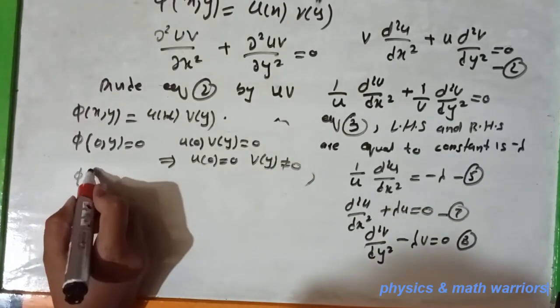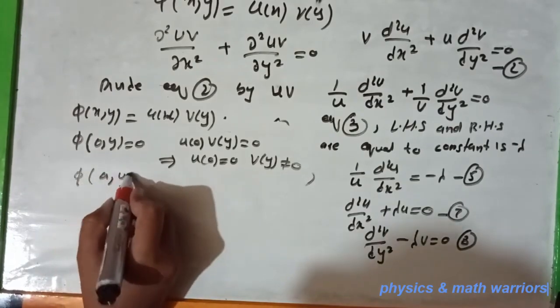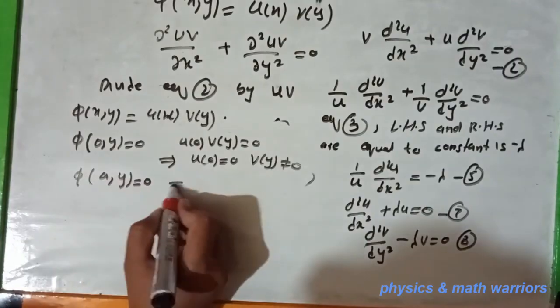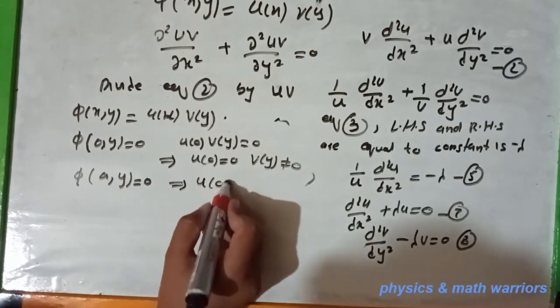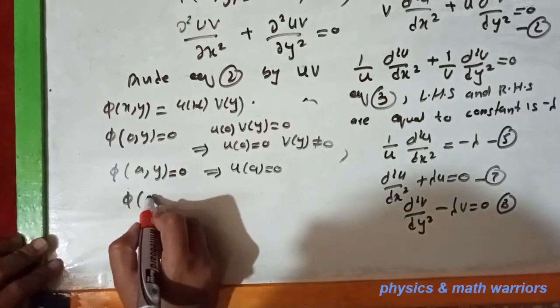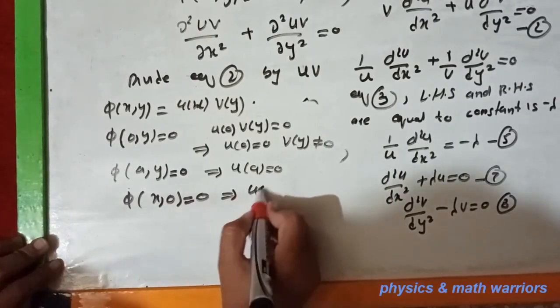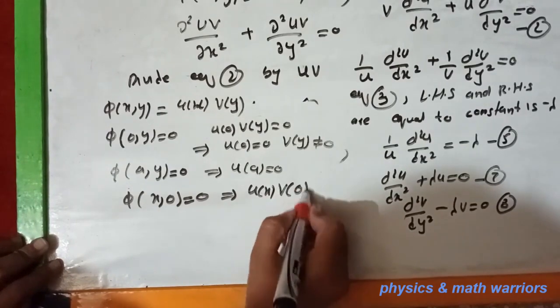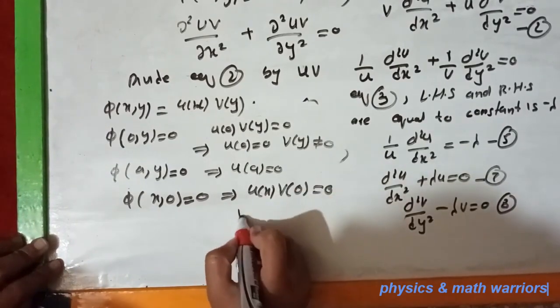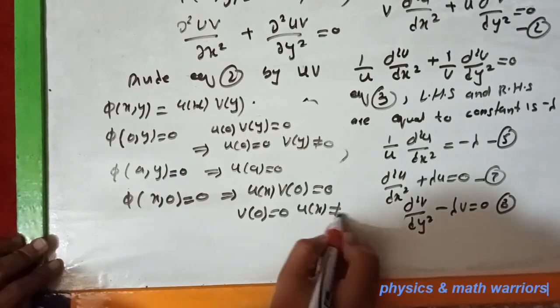Similarly, φ(a, y) = 0 implies u(a) = 0. Now φ(x, 0) = 0 implies u(x) v(0) = 0, meaning v(0) = 0 and u(x) is not equal to 0.